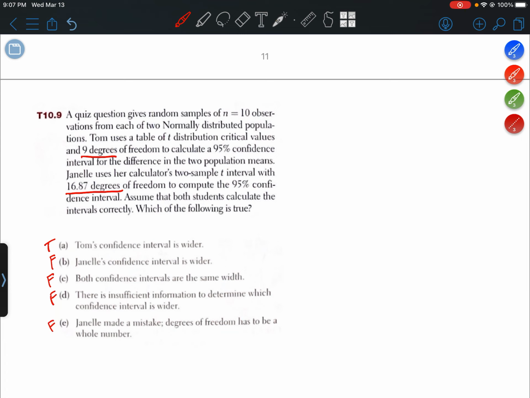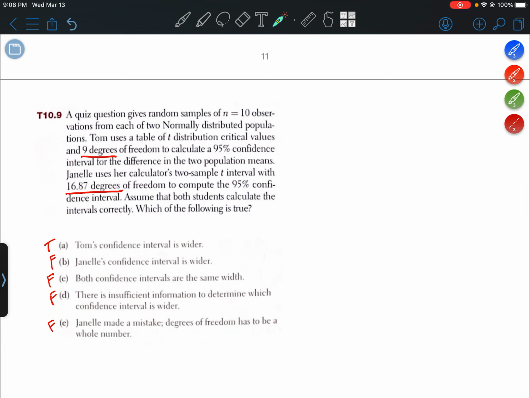That is also false. I might have mentioned it briefly in class. We use the conservative approach when we do this by hand, right? We look at the two samples, find the degrees of freedom for each one, and then just use the smaller degrees of freedom. That's always going to lead to a bigger critical value and a wider margin of error.